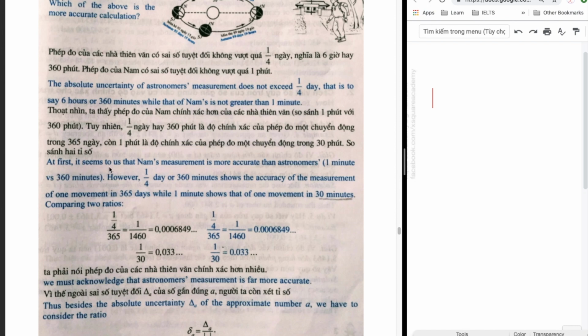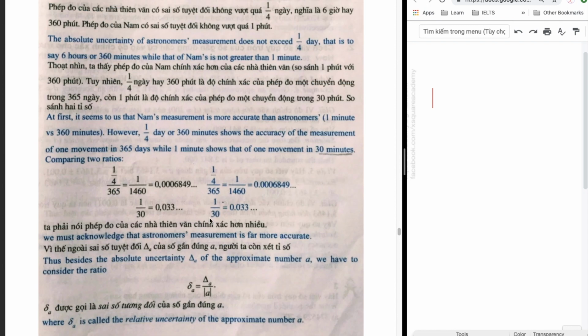At first, it seems to us that Nam's measurement is more accurate than the astronomers': 1 minute compared with 360 minutes. However, a quarter day or 360 minutes shows the accuracy of the measurement of one movement in 365 days, while 1 minute shows that of one movement in 30 minutes.